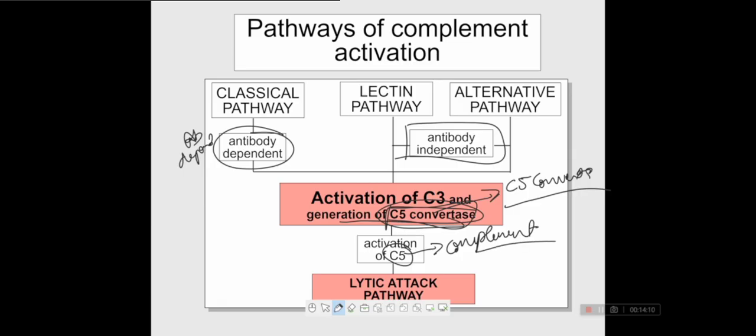After activation, the C5 complement protein helps in the lytic attack pathway and in opsonization of the pathogen for phagocytosis, so that pathogens or foreign particles that enter our body are destroyed. Clear?